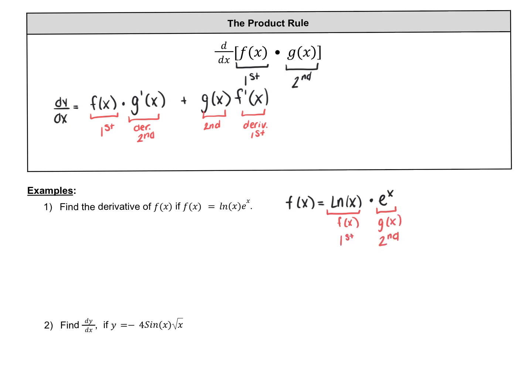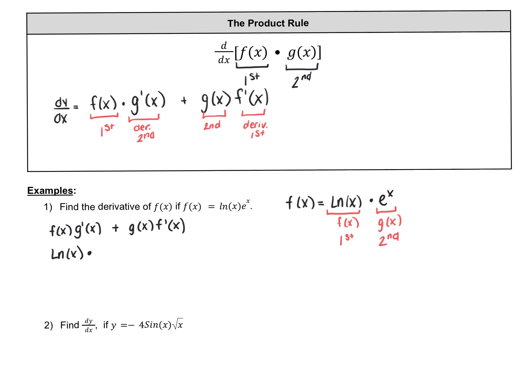So the formula says if we want to find the derivative, which is going to be first, so f of x times the derivative of the second plus second times the derivative of the first. So I let f of x be ln of x, so I'm just going to put that here. That's f of x. So ln of x times g prime of x, which is the derivative of the second.